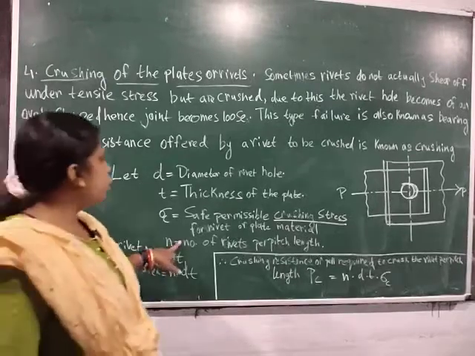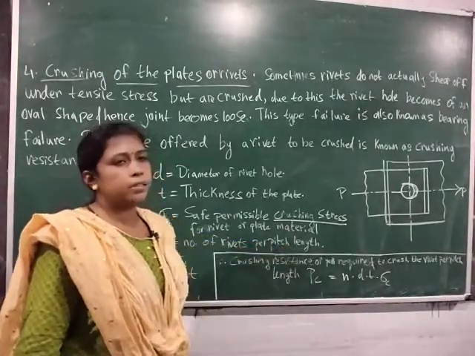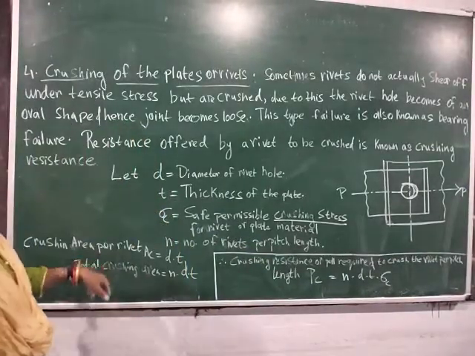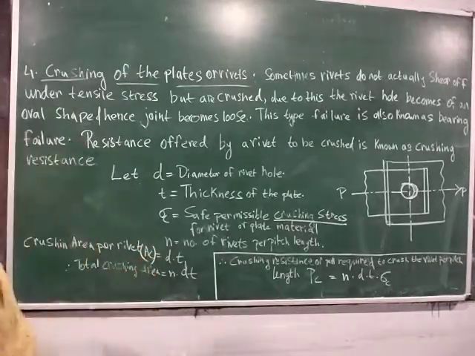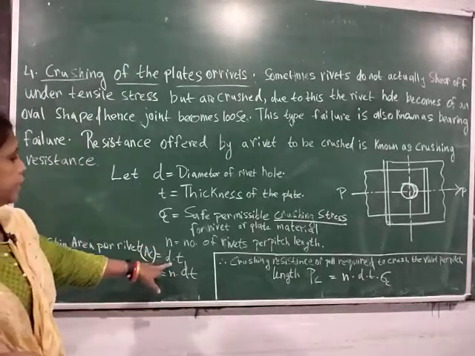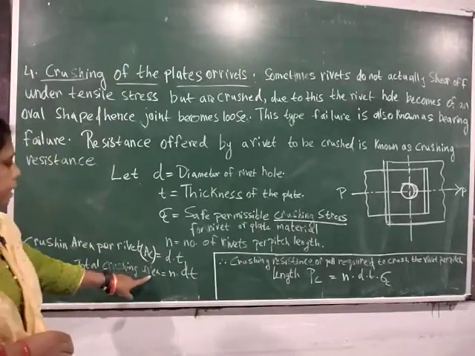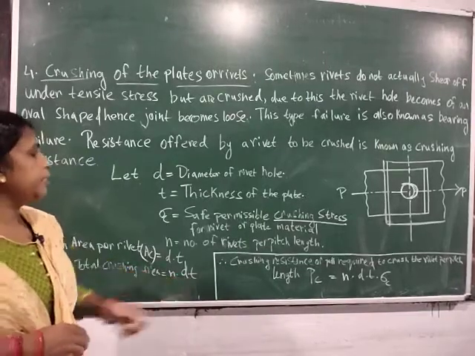Next, N is the number of rivets per pitch length. Crushing area per rivet is given by AC, and AC is nothing but D into T, and total crushing area is equal to total number of rivets, that is N into DT.